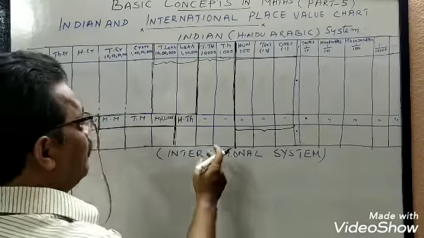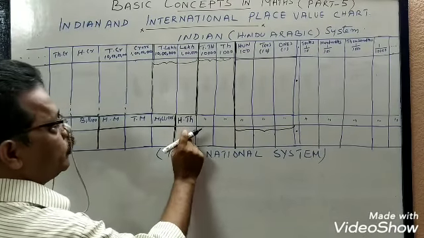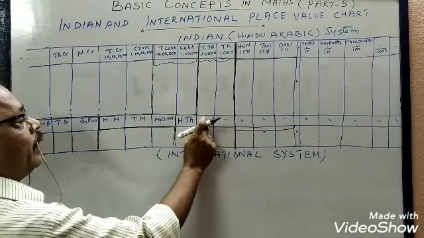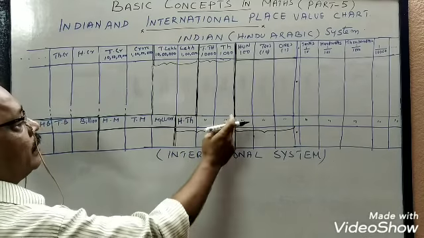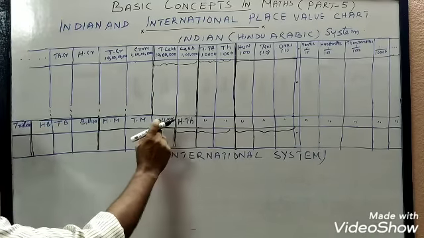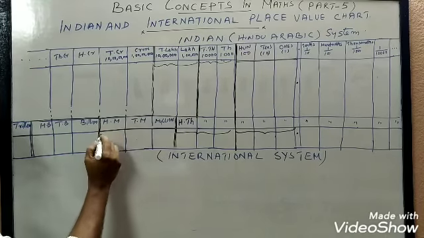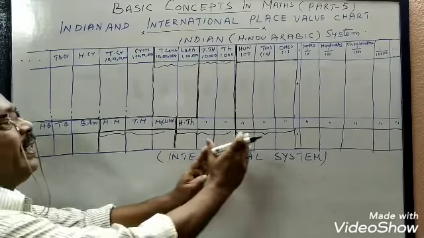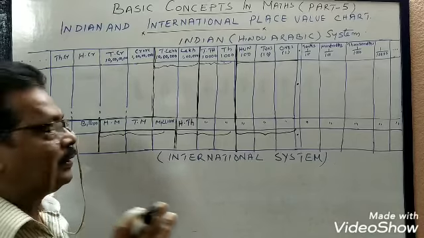Then the second period, called the period of thousands, also has 3 places: 1000, 10,000, 100,000. Then comes the period of millions: million, 10 million, 100 million. So we notice that in the international system, every period contains 3 places.